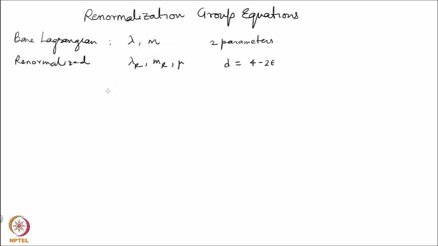So these are constants. So any observable that you calculate using this original Lagrangian in terms of lambda and m will not depend on mu, right? Because it depends only on lambda and m. But if you calculate the same objects using these three variables, lambda r, m r, and mu, then it looks like you have one additional parameter. Okay, so instead of 2 you have 3.